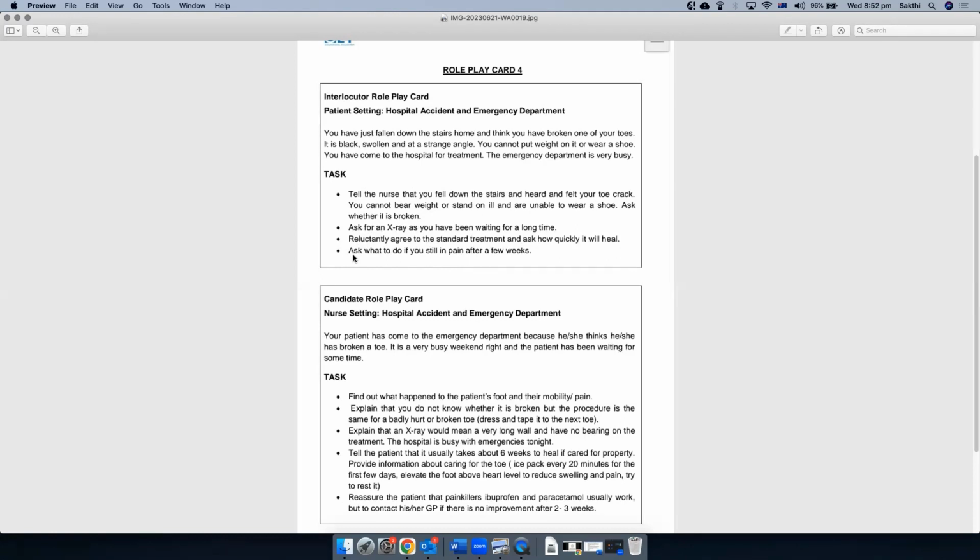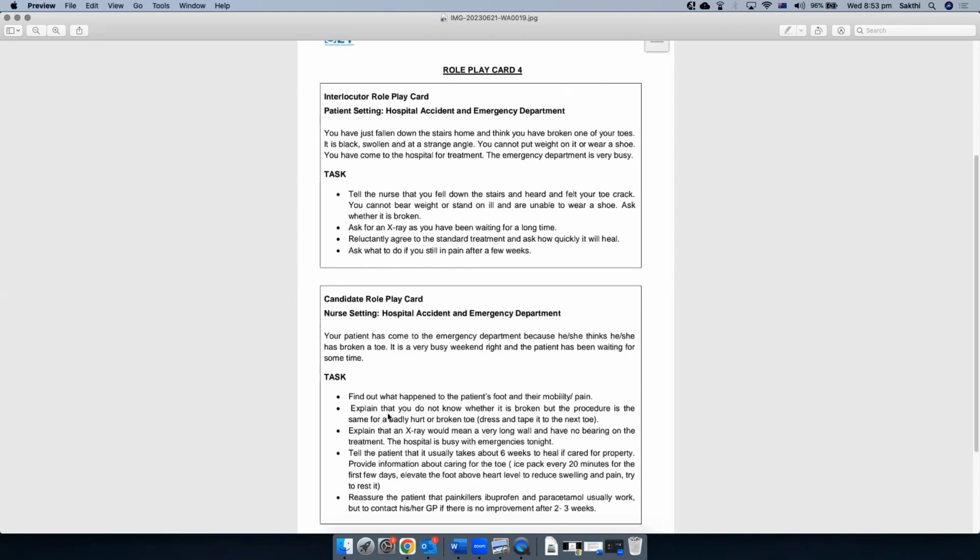And then the patient is also going to ask what to do if still in pain after a few weeks. I would like to give you one clue for everyone watching this video. Please be mindful that the interlocutor card is not going to be visible for you, and the interlocutor's role play card may have more information than the one you have got.